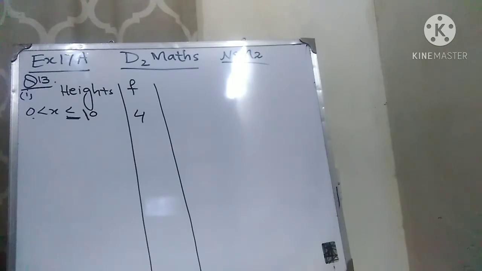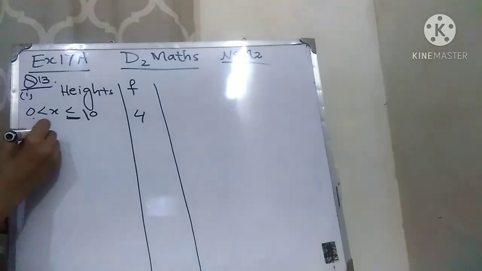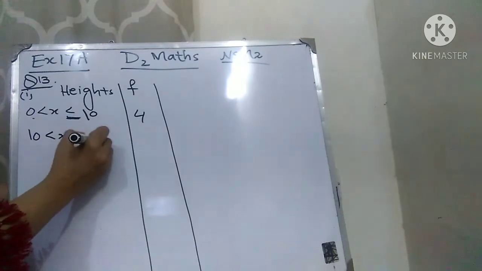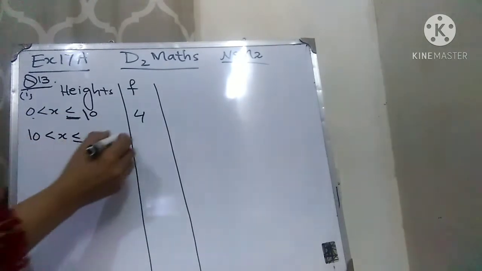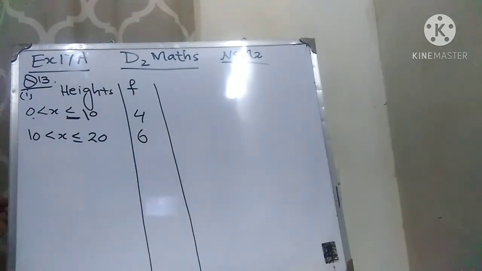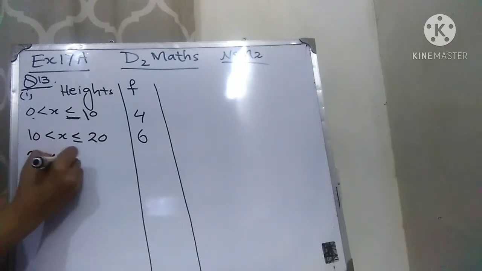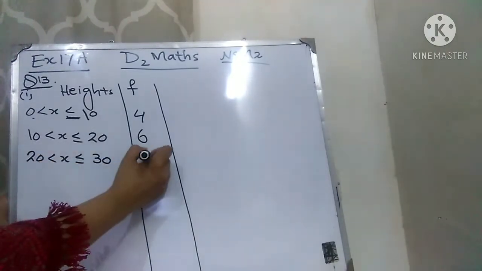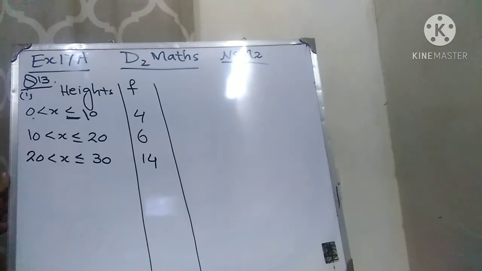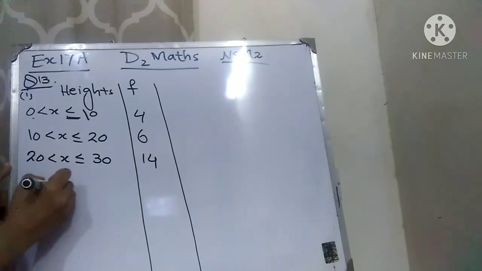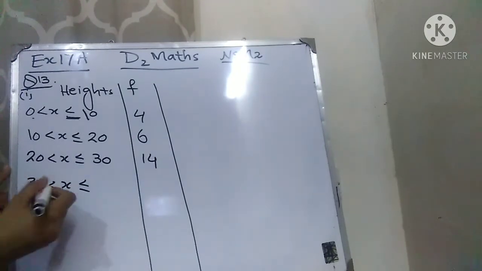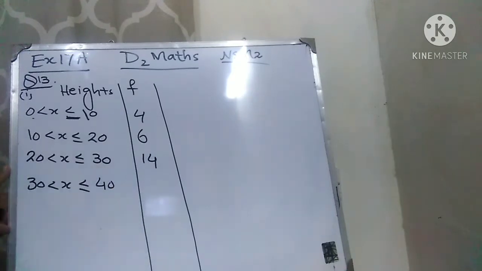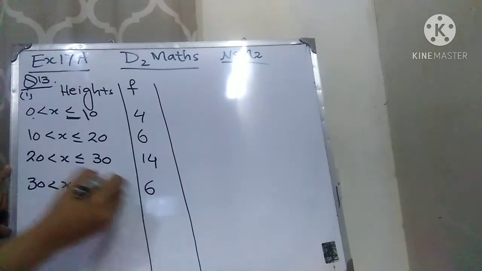Now then 10 less than x less than equal to 20, and how many plants are? 6 plants. Then 20 less than x less than equal to 30, and the plants are 14. In the same way, 30 less than x less than equal to 40, and the plants are 6.